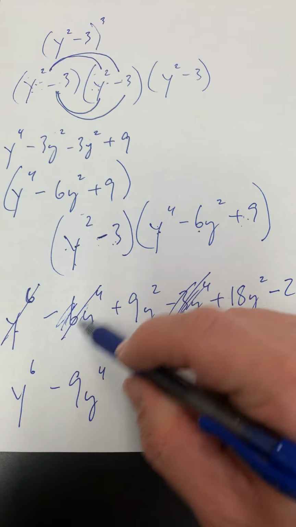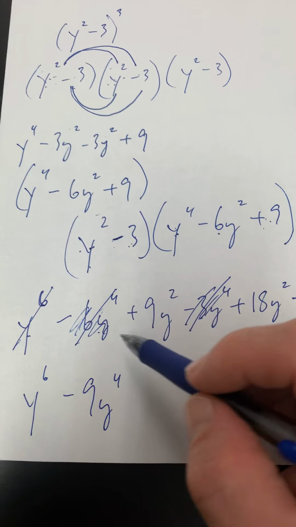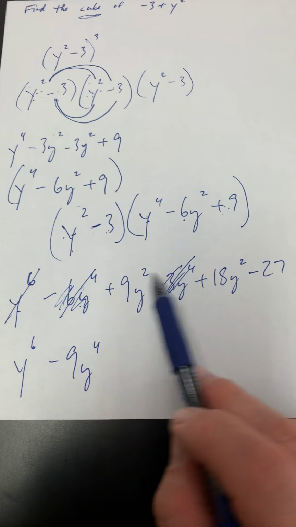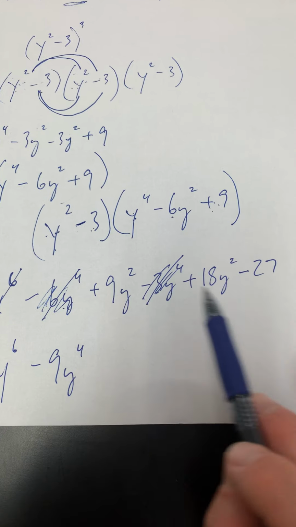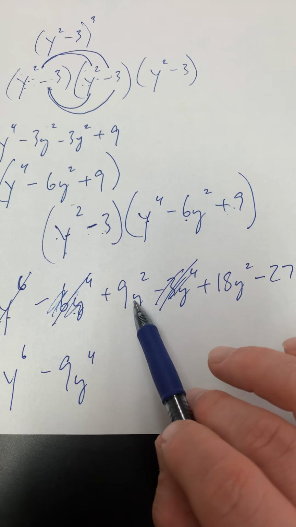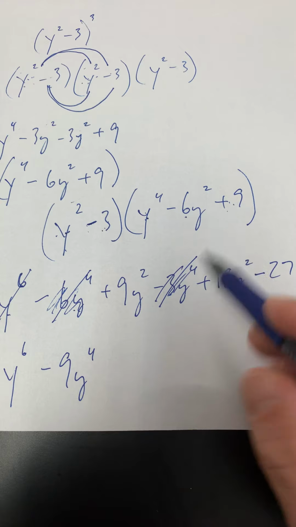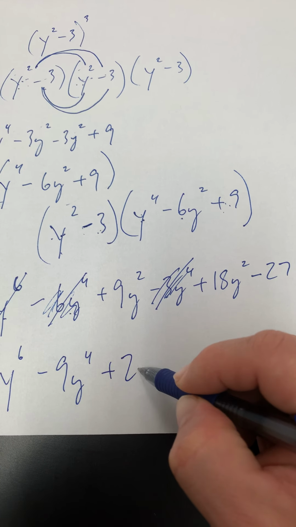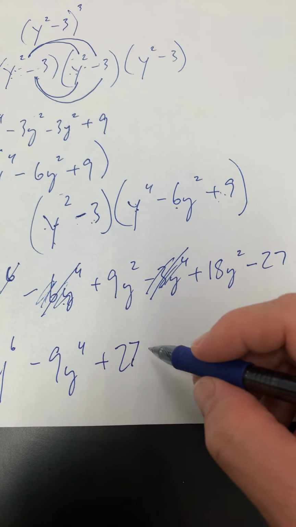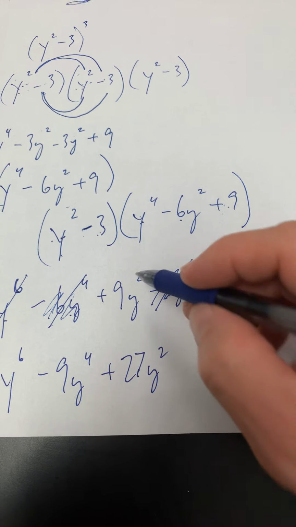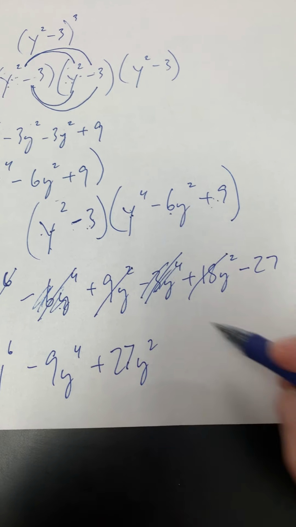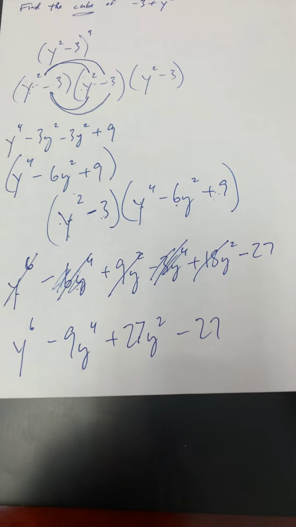I don't have to look at them anymore. That's why I cross those out, in case you're wondering. That way I know that I've already combined those, and now I'm just left with these to combine. So 9y squared plus 18y squared gives us +27y squared. And then minus 27 at the end.